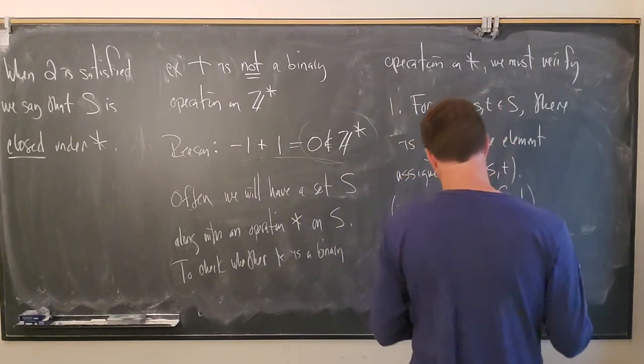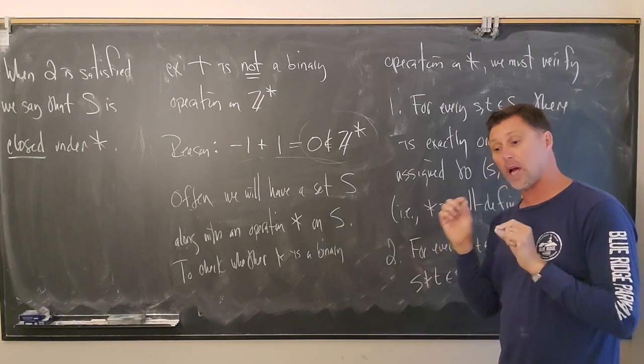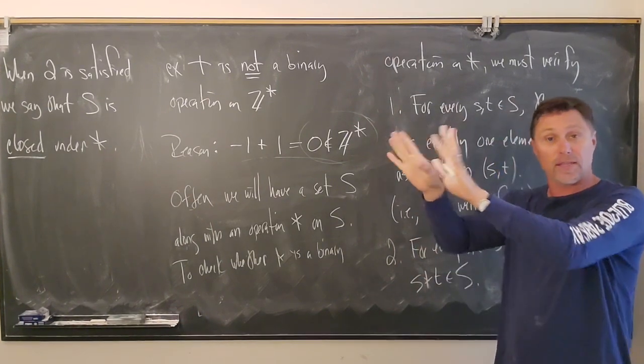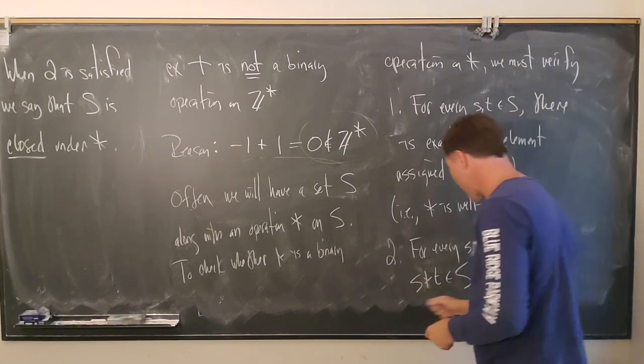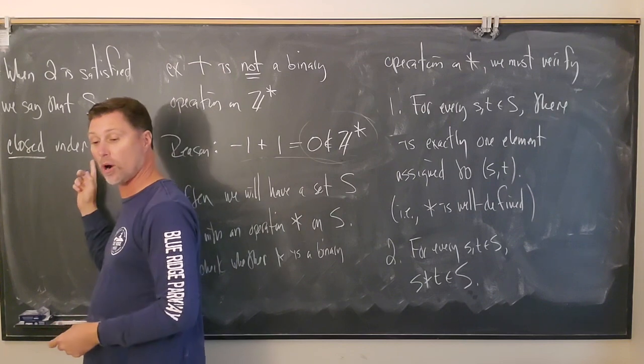Think of this operation on S as taking a couple of elements from S, combining them together and giving some output. As long as that output always lives in S, then we say that S is closed under our operation star.